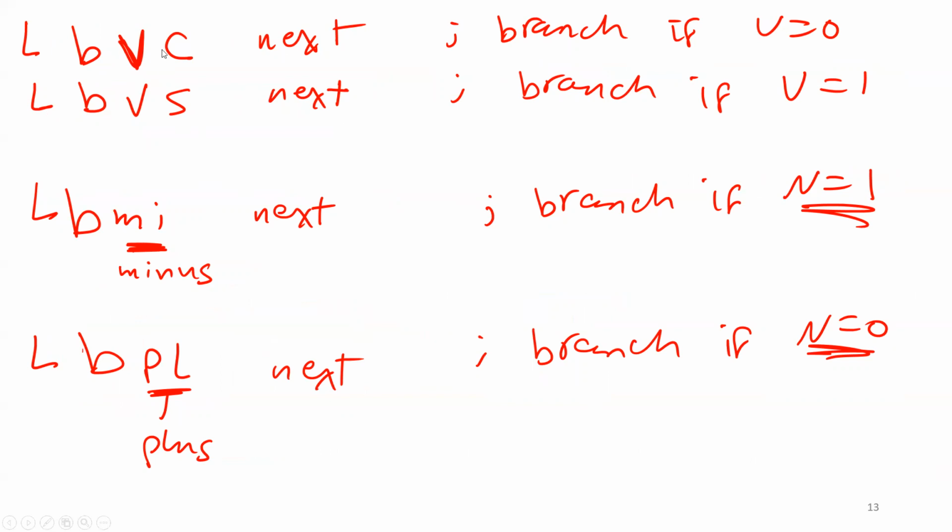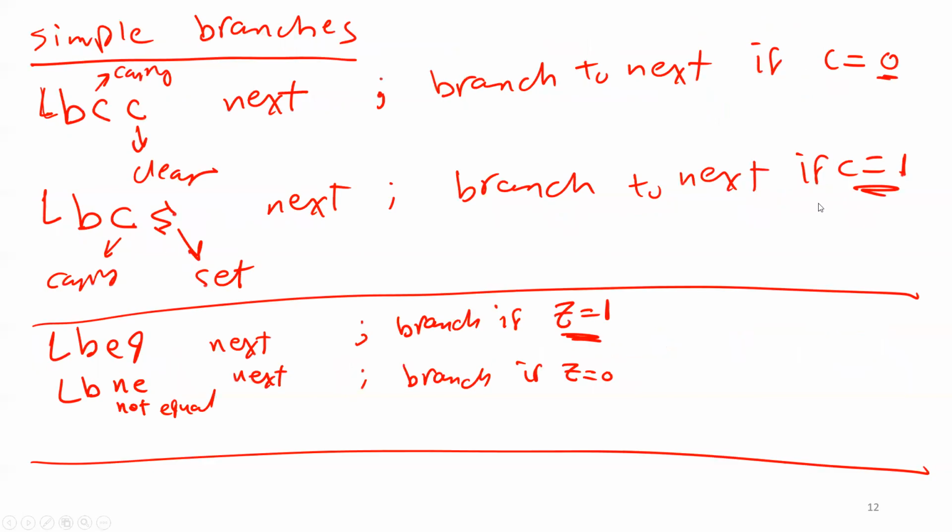What else do you have? I have two more instructions for the V flag and 2 more instructions for the N flag. So in total we have 4 flags: 0 flag, carry flag, V flag, N flag. For each one of them, we have 2 instructions: one branches on 0, one branches on 1.